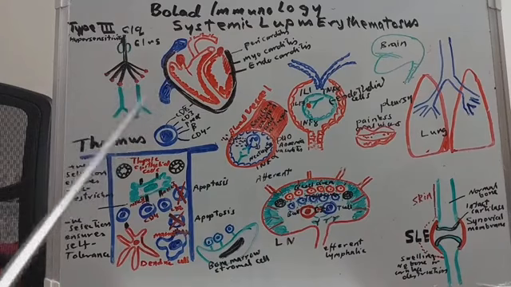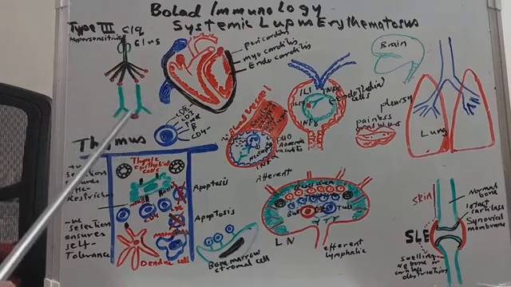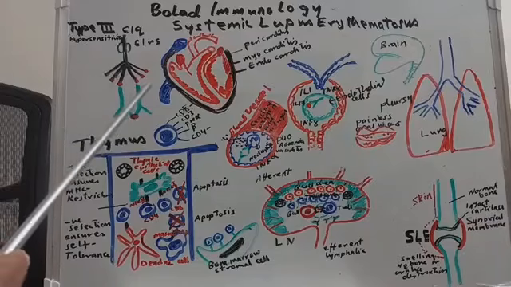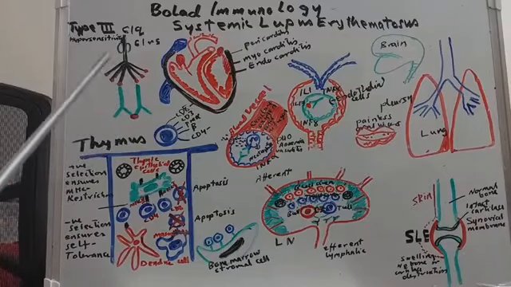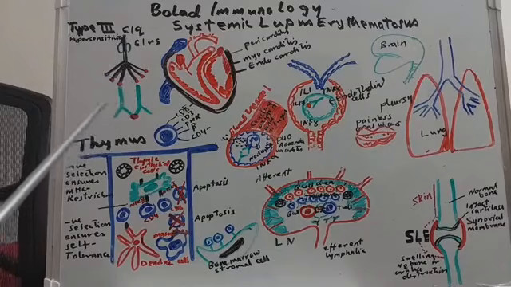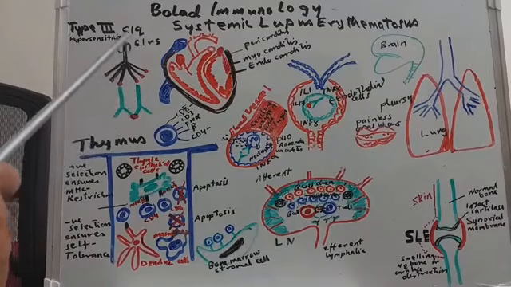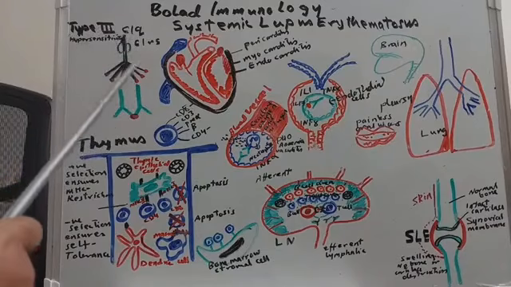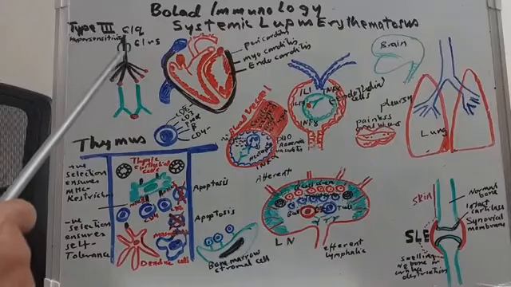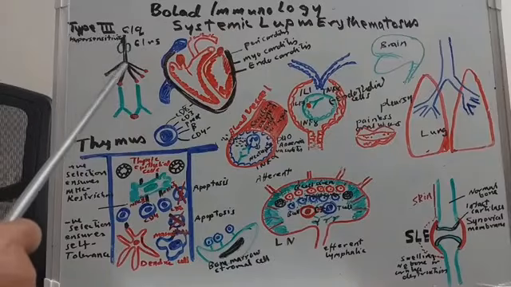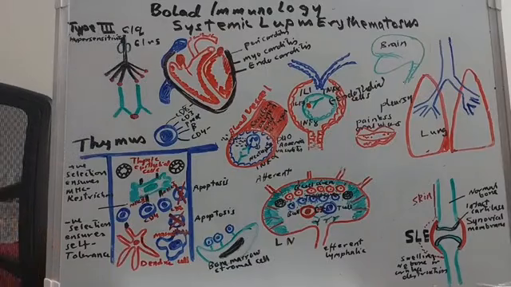Formation of immune complexes activates the classical pathway of the complement, and this activation starts by activating complement component number 1. As can be seen here, this is C1q of complement component 1.